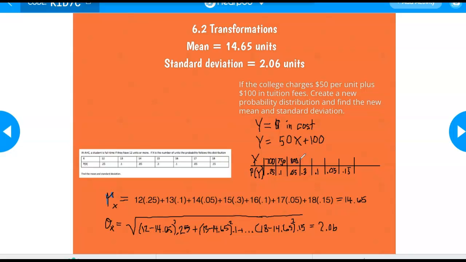And you can see the pattern. Once you get the first few, see the pattern, you're just adding $50. Let me make sure I did it right. Yeah, I did it right.